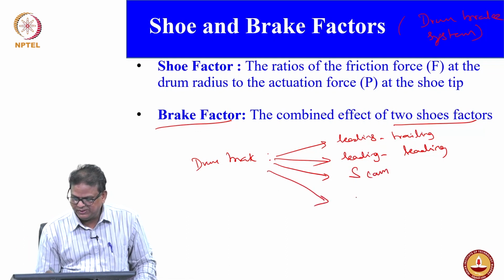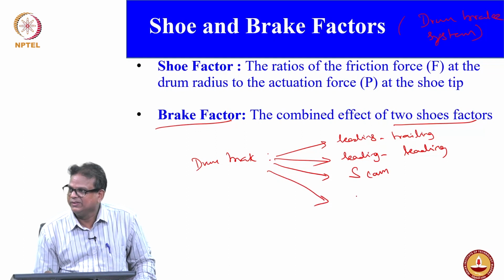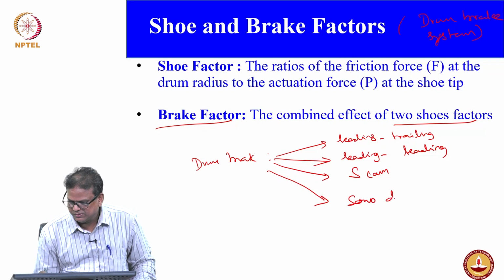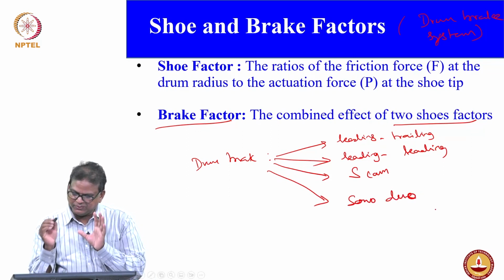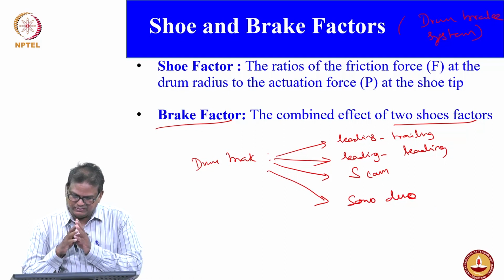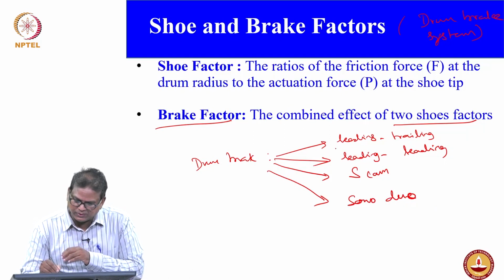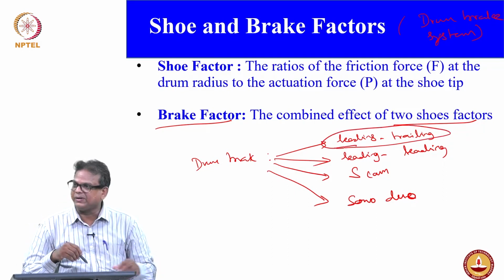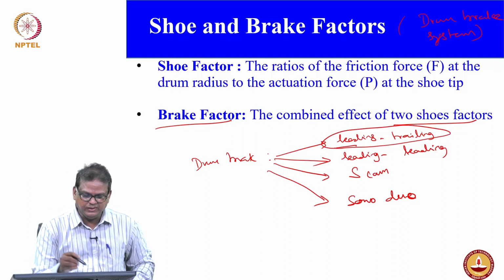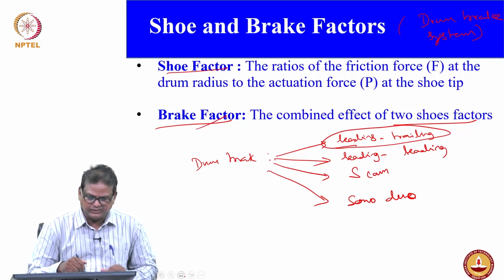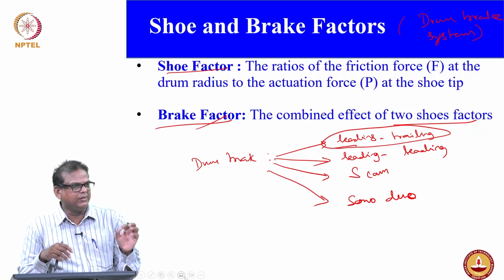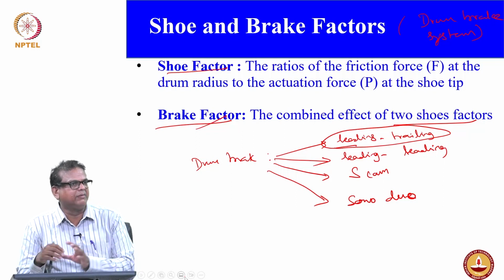Then the other one would be duo-servo. So there are 4 types, but for understanding we will choose only one drum brake system, which is the leading and trailing type. With that, we will try to find out the shoe factor and the brake factor, and from there how to select the corresponding friction lining for the given vehicle.